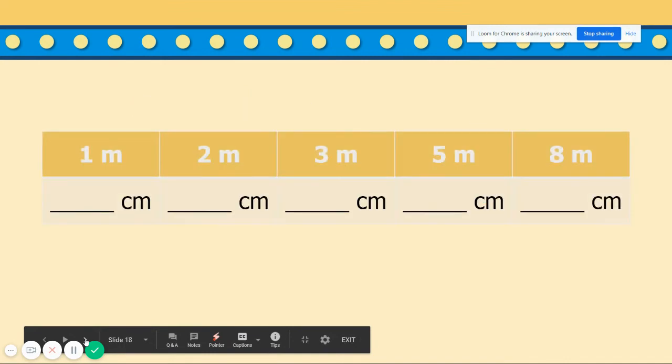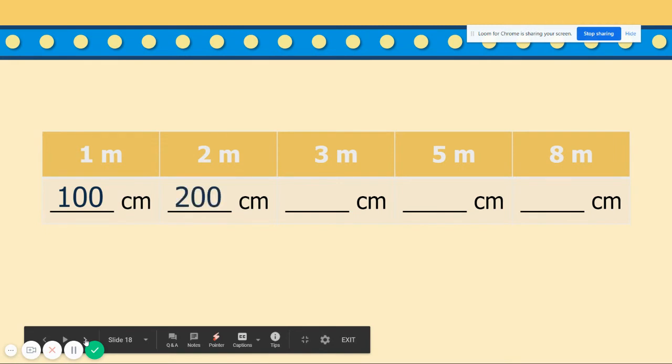All right, so let's take it to meter to centimeter. Let's look at how we convert and break it down. So let's see how many centimeters are equal to 1 meter. This is where I like the metric system, because it gets really easy right here. It's just 100. So 100 centimeters equals 1 whole meter.